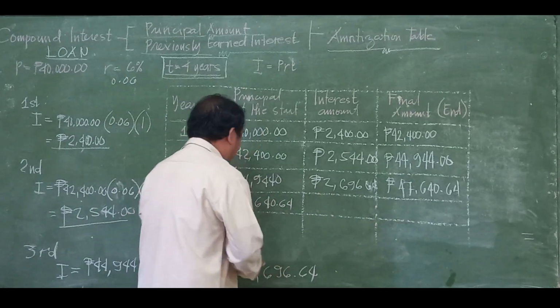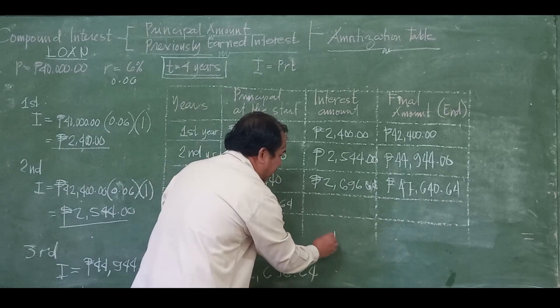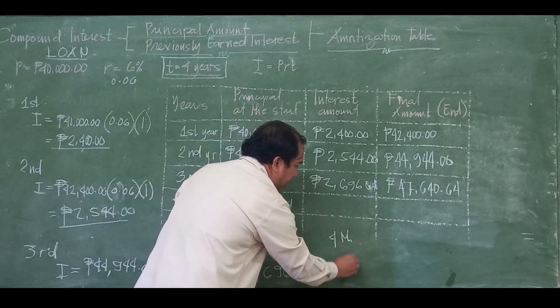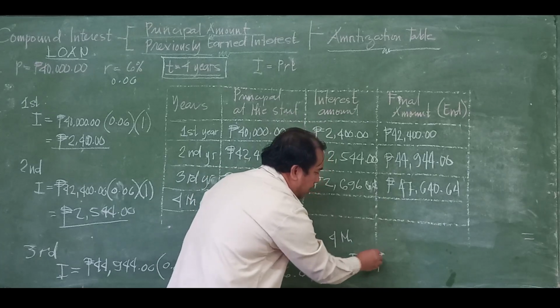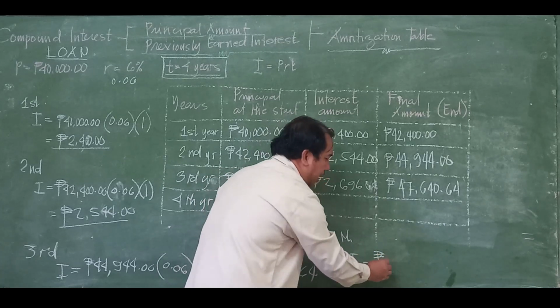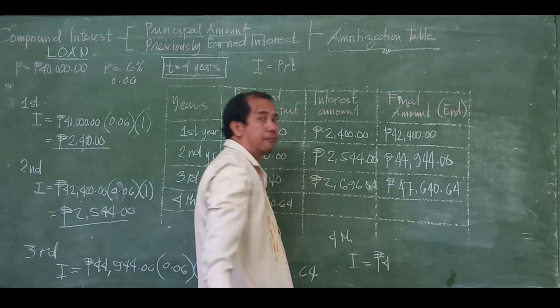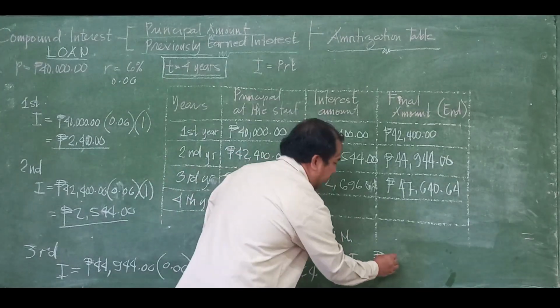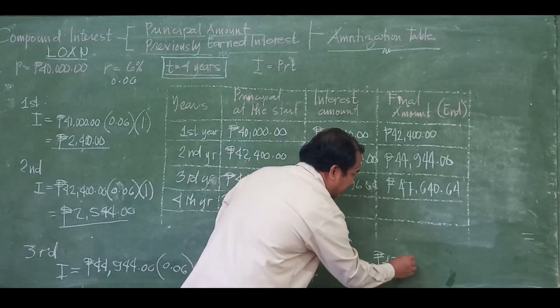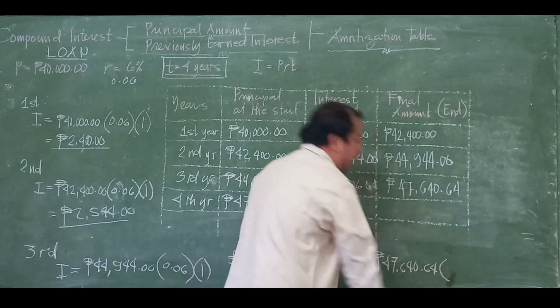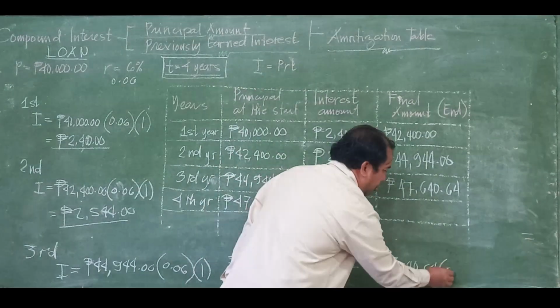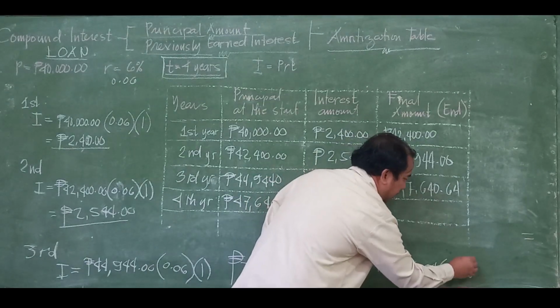Now, the question is, how much is the interest during the fourth year? So what is your principal? 47,640.64 multiplied by 0.06.